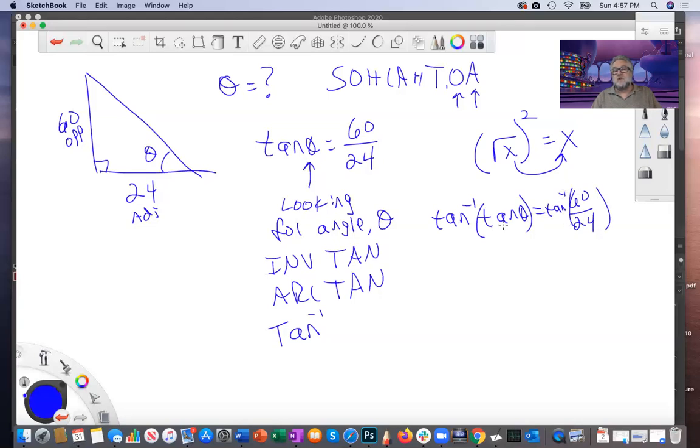The inverse tangent of tangent, these are inverse functions, it'll just give me theta. So I'm going to take the inverse tangent of 60 over 24.